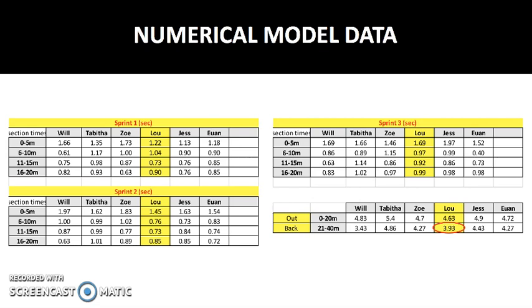Some of the main things you can gather from this data is that through every 20-meter sprint, the performer is actually fastest between 11 and 15 meters. So you can see here that through every sprint, they are getting their fastest time during that 11 to 15 meters.